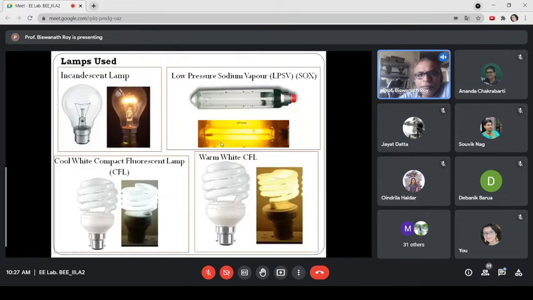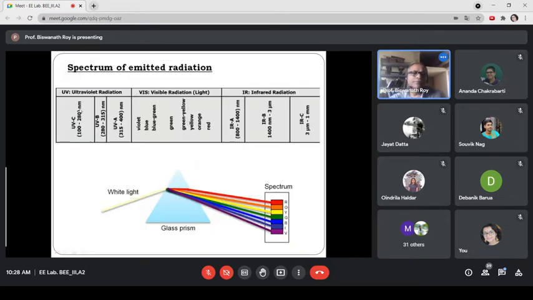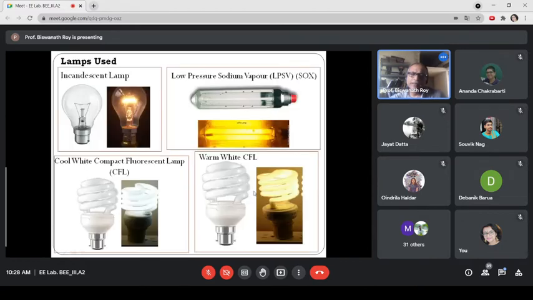So here, two processes are involved. One we call electroluminescence, where electrical energy produces UVC radiation, and then UVC radiation produces visible radiation.